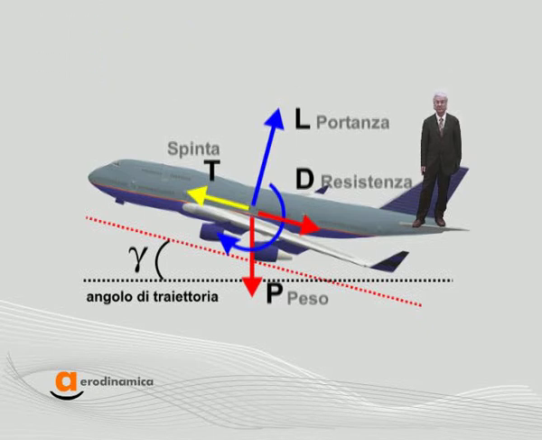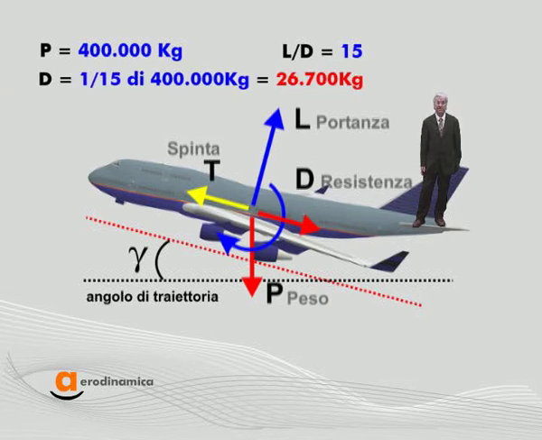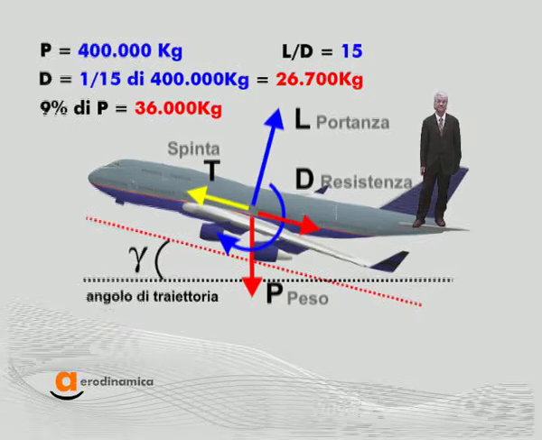With an efficiency L/D equal to 15 and a weight equal to lift equal to 400,000 kilograms, for the B747, the drag will be 1/15 of 400,000 kilograms, equal to 26,700 kilograms. This means that the thrust of the engine has to exceed 26,700 plus 36,000 kilograms.